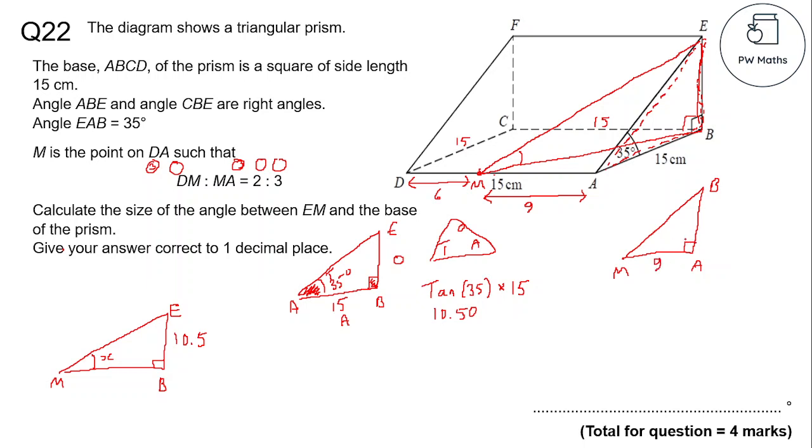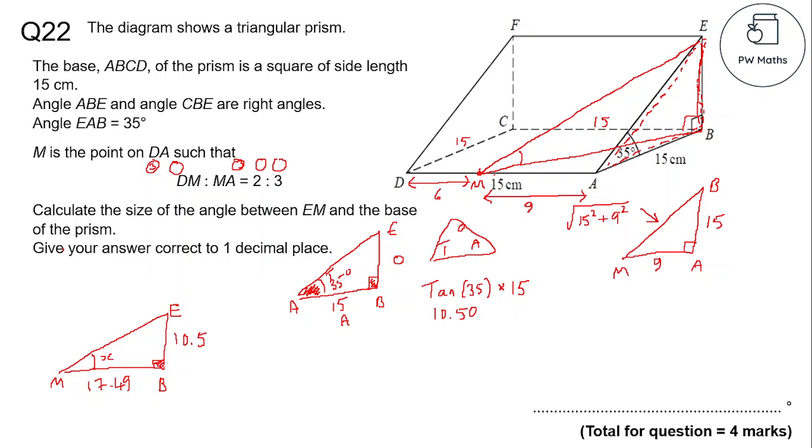I did that ratio work earlier on to find it. And I know AB is 15. I'm trying to work out the third side. A little bit of Pythagoras' theorem, 15 squared and 9 squared, and we're working out the hypotenuse, so I'll add them, giving me an answer of 17.49. MB is 17.49.